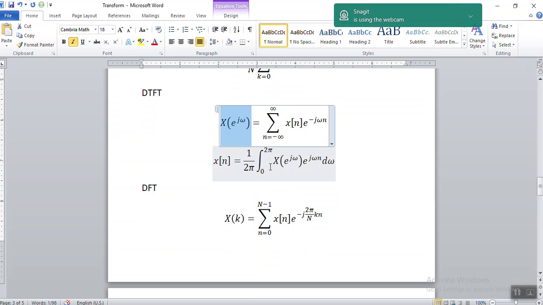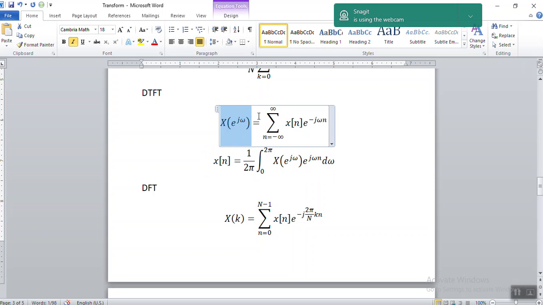Now, coming to the computation of this DTFT in machines, in computer algorithms. As I mentioned, X of e to the power j omega is a continuous spectrum over the range minus pi to pi or 0 to 2 pi, within a circle.